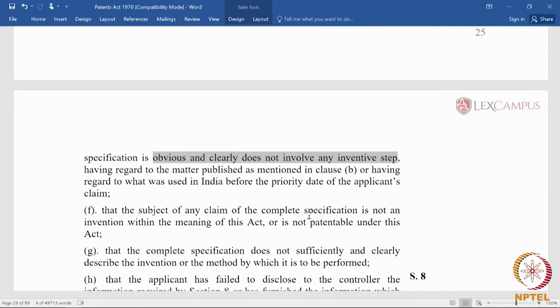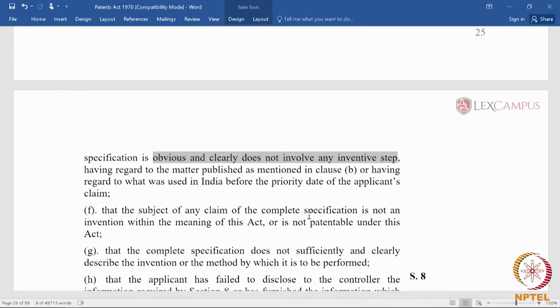This is a very interesting provision because what we are dealing with here is the lack of inventive step. The earlier three provisions were on lack of novelty or anticipation. Novelty and anticipation are related concepts. Here it says the claim was obvious or clearly does not involve an inventive step.